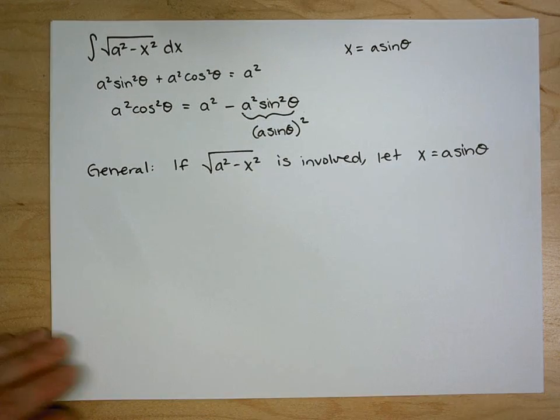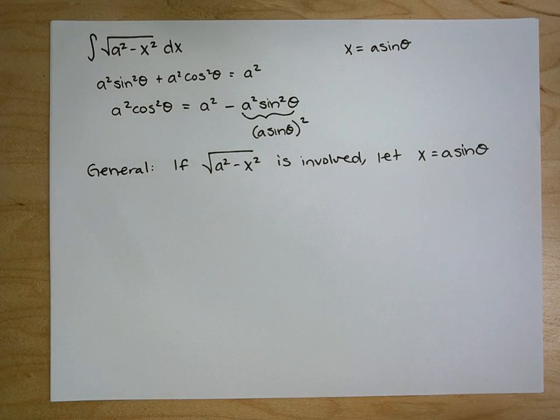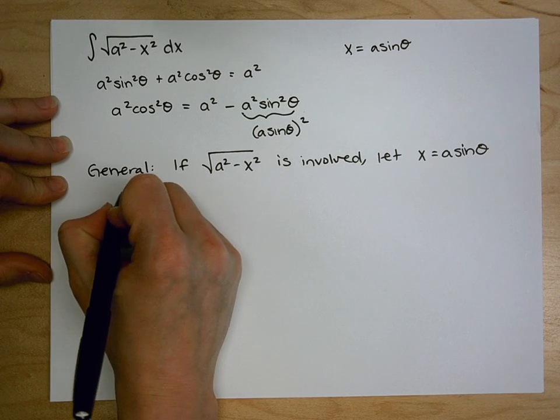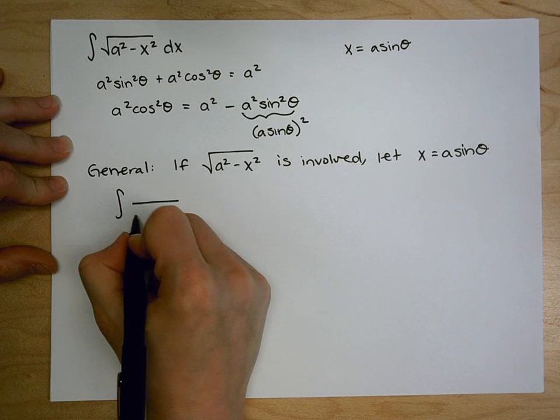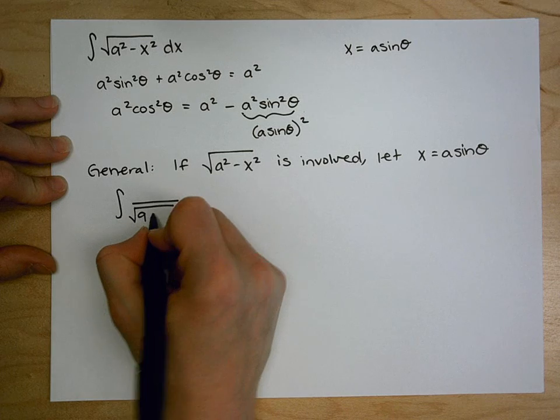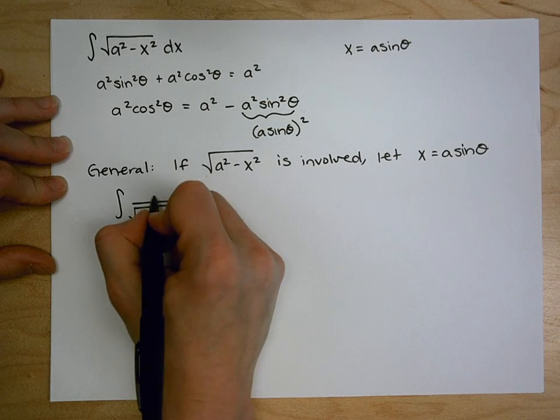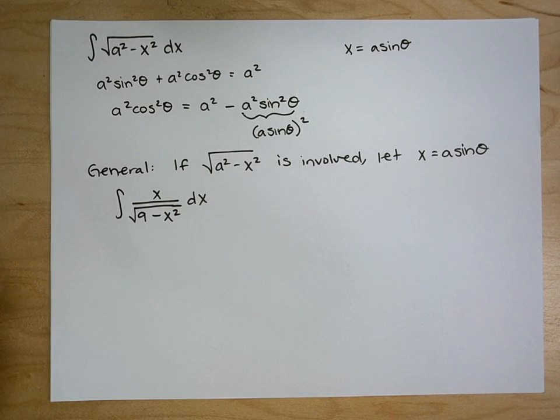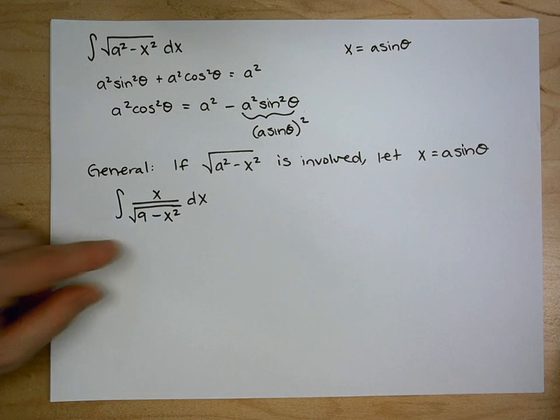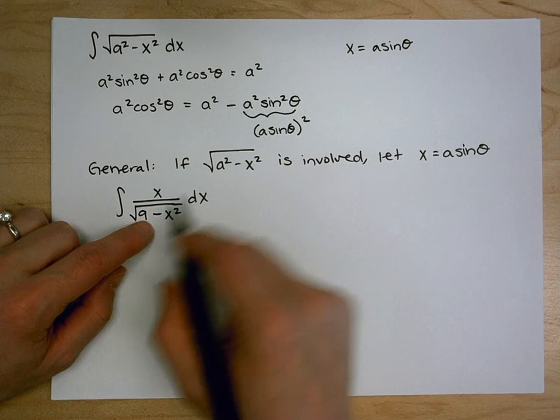Now, that's just a general case. There might be some situations, for example, if I had the integral of, let's say, x over root 9 minus x squared. Now, I just want you to think about other techniques that we might be able to use for this one. Well, I do see an a squared. In this case, a is like 3, right?